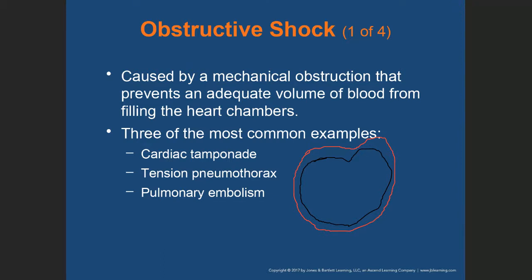If it is torn or ruptured, what can happen is blood can start to fill the sac. Now, when it fills the sac, the heart muscle's ability to move is impaired.